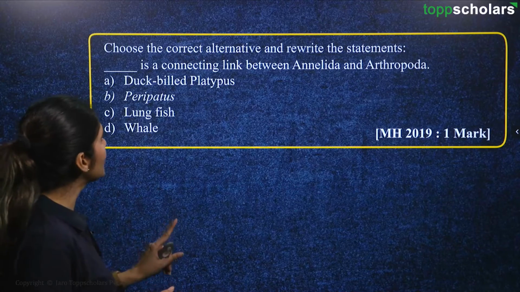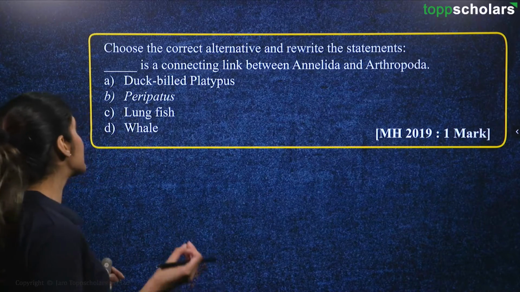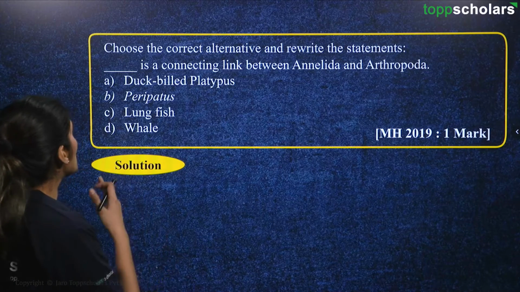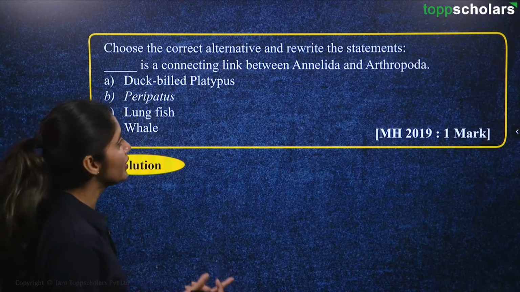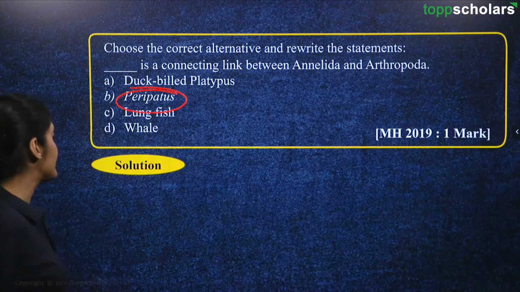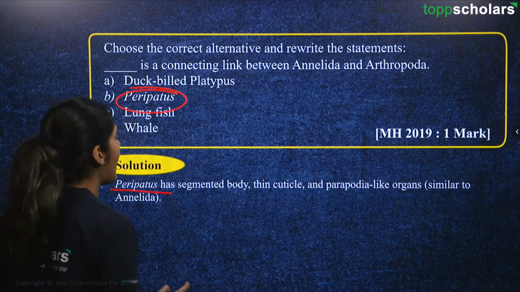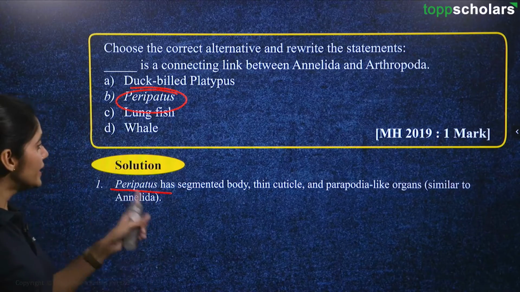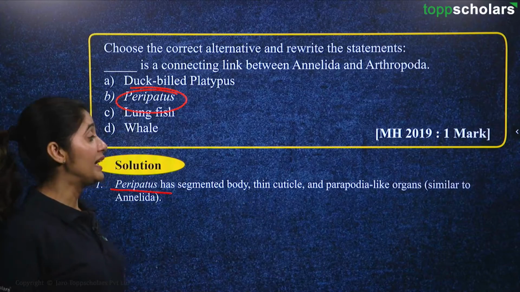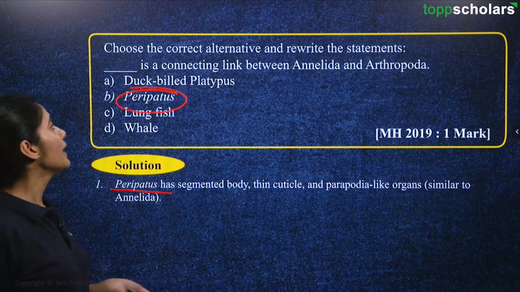Choose the correct alternative and rewrite the statement. We have already answered it, but let's see the solution. Dash is a connecting link between annelida and arthropod. What we had answered was peripatus. Let's see if that is the correct answer. Yes, peripatus has a segmented body, thin cuticle and parapodia-like organs similar to annelida. So, this is the connecting link.